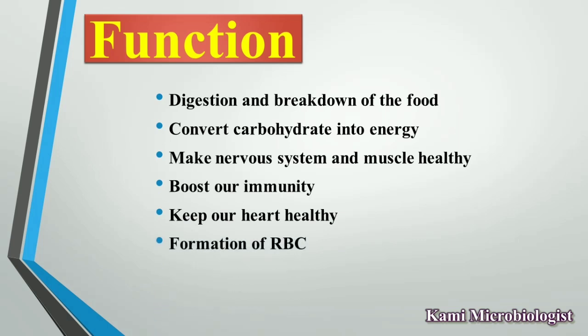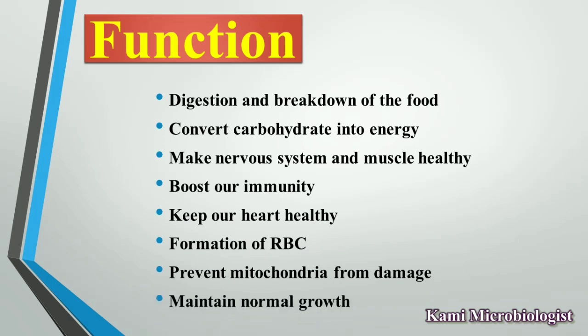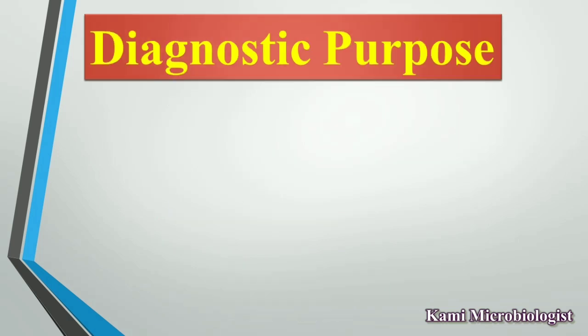It helps in RBC formation. It can also protect the mitochondria from damage. All of you know that mitochondria is the powerhouse of the cell. Next, vitamin B1 maintains normal growth.